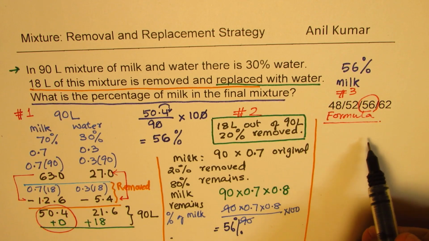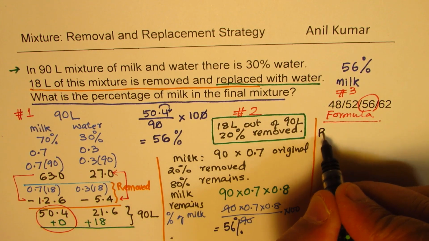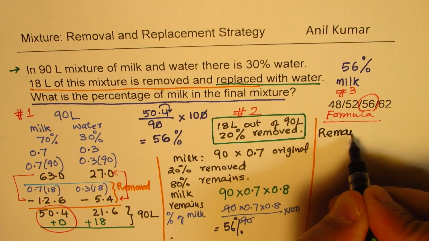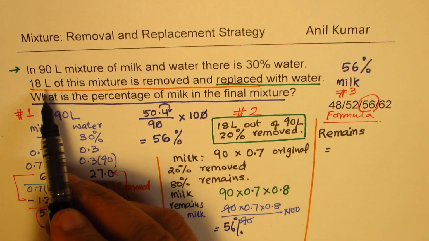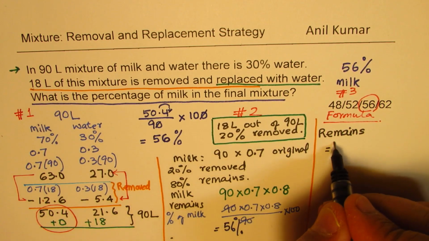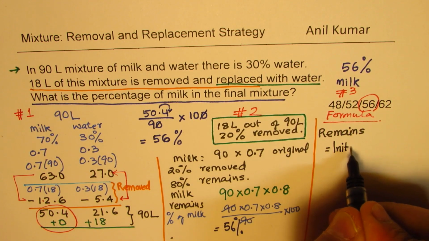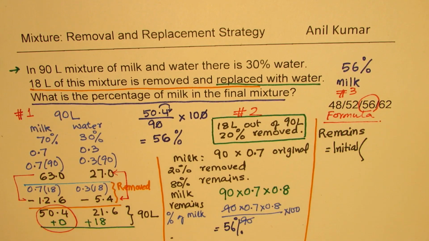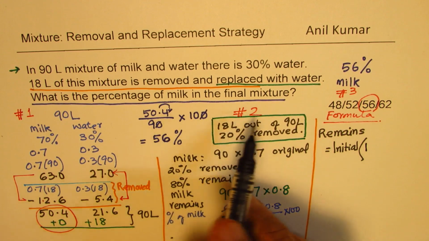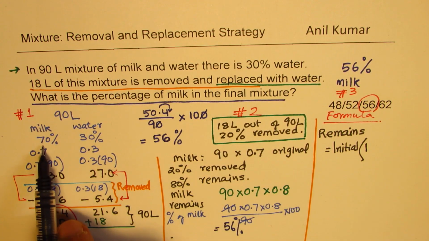We are interested in what remains, right? So we want what remains. So remains is equal to, of course, what we start with. We call this initial, right? Initial, what we start with, times, every time you can take this, 1, like we did 1 minus 0.3 to get 0.7.